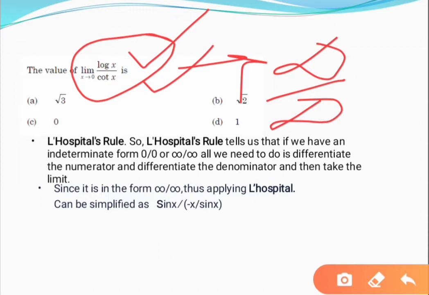We need to differentiate and then put the value by checking whether the form will be 0 by 0 or infinity by infinity. If the form is not 0 by 0 or infinity by infinity, then we take that value.